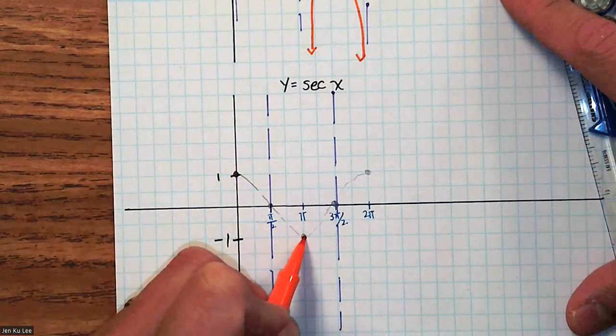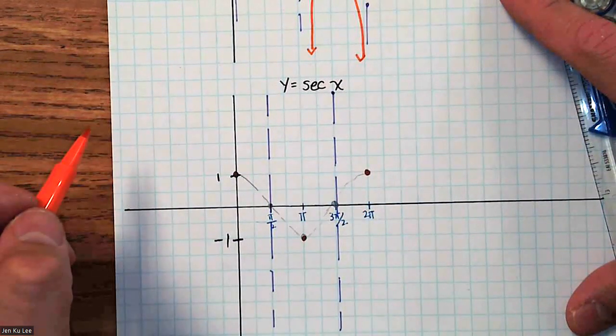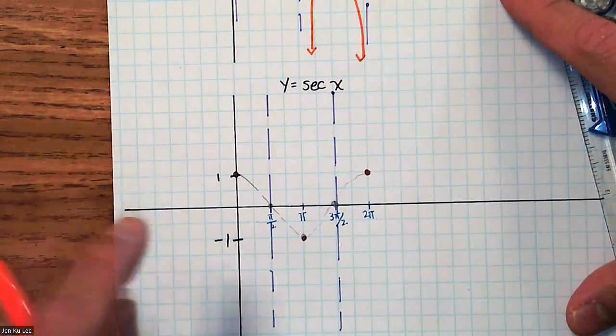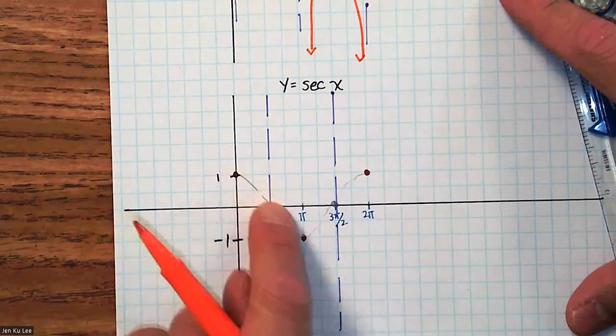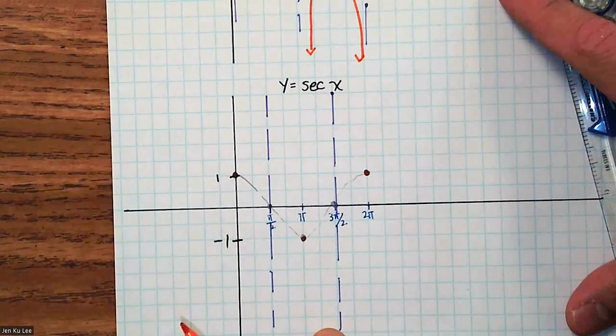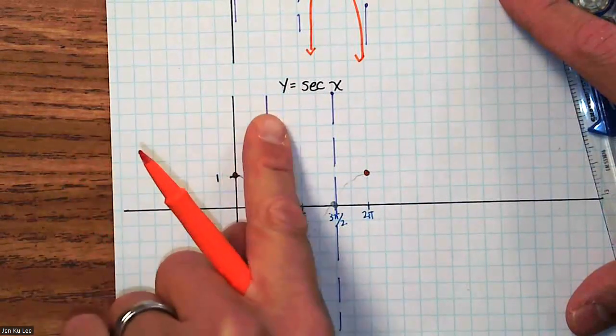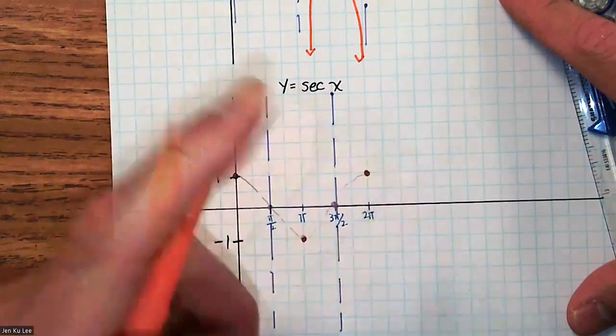Reciprocal of 1 and reciprocals of -1, right? They all exist. But notice now in one period of cosine, right? There's only 2 asymptotes for secant. And I don't have the other asymptote here, right? In my -pi/2.